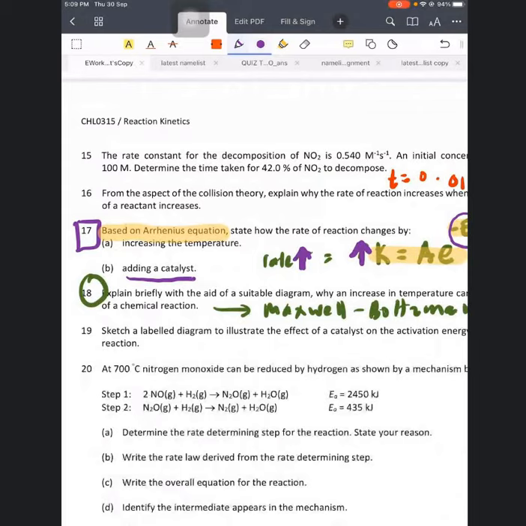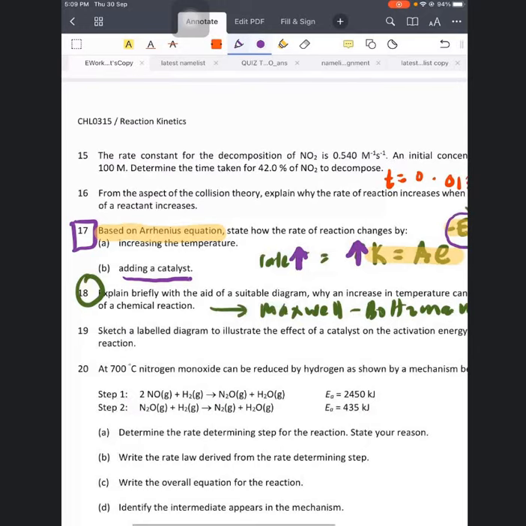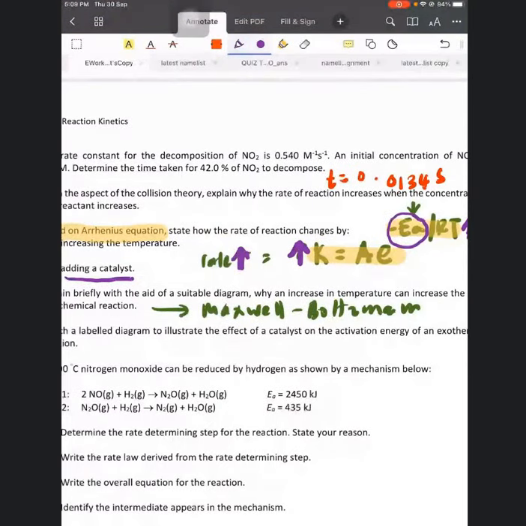It does not mention which diagram, but the best way to answer these questions is using the Maxwell-Boltzmann distribution curve. When you sketch the diagram, you show the shaded area. From there we know that at high temperature, more particles can overcome or go beyond or exceed the activation energy to produce more effective collisions. So the rate of reaction will be increased.